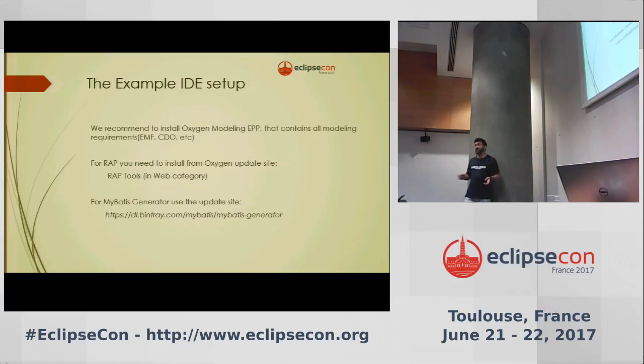Then you can add the RAP tools from the Oxygen update site. And for MyBatis, we use the MyBatis Generator, an Eclipse plugin that generates the data model from the DB.